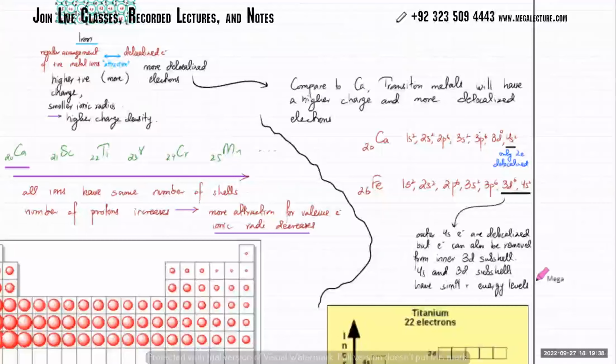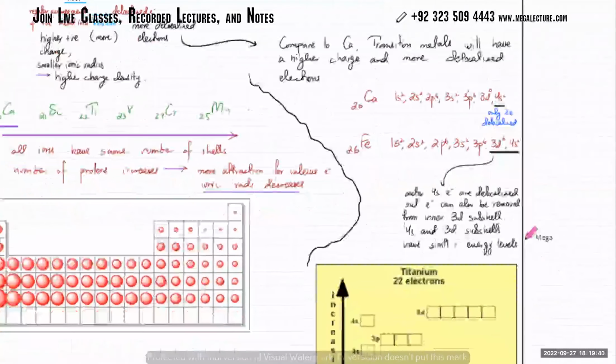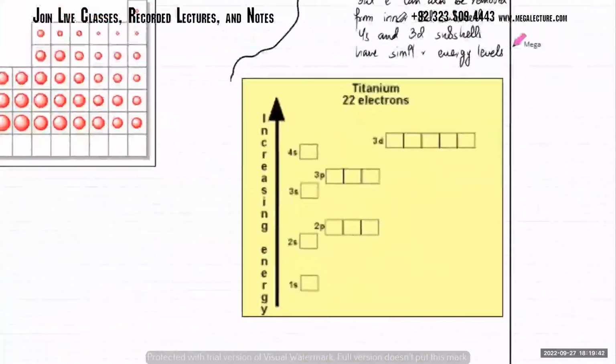That is one of the reasons why they have variable oxidation states, because if a chlorine atom comes in, it can lose electrons from the 4s. It can also lose electrons from the 3d. So it can lose multiple electrons, which is why iron can lose 2 electrons.